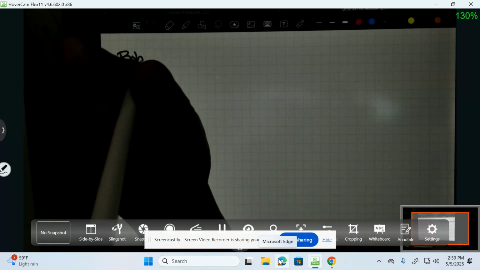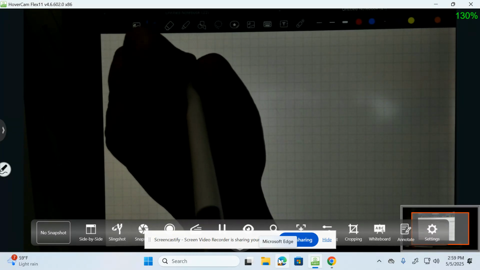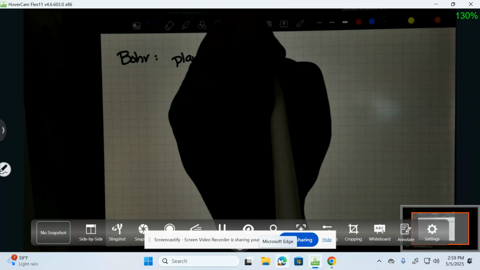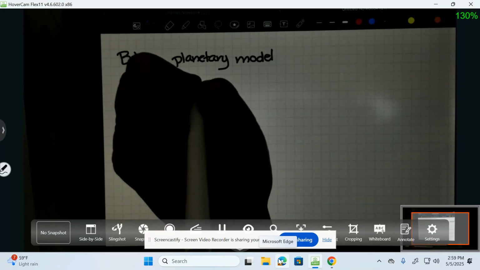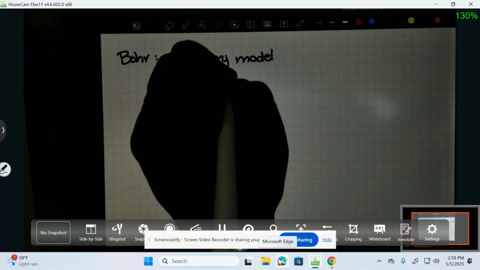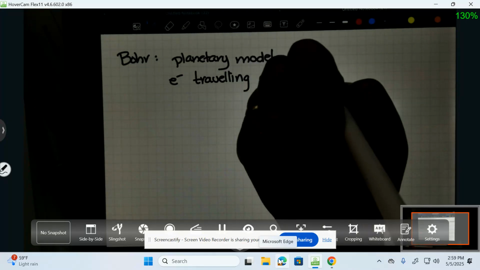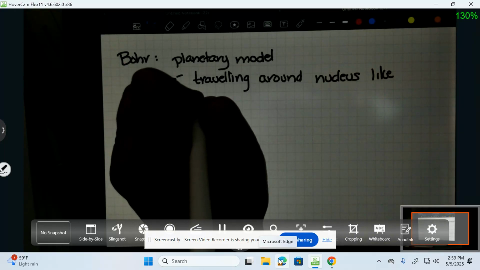Then, after Rutherford, came Niels Bohr. Niels Bohr had the planetary model. And what that said is that electrons, which are the negative particles, are traveling around the nucleus like planets around the sun.